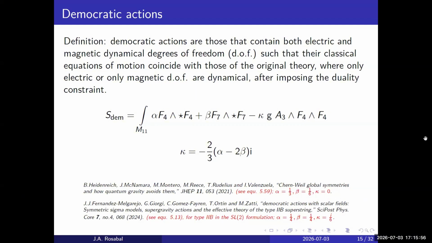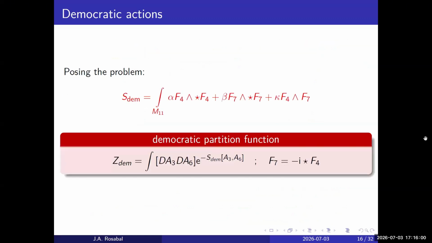But in general, I will work with this kind of action, and I want to compute the partition function of this action. Similarly to the previous examples, with this constraint I don't know what to do in the quantum version. In advance, I can tell you that something similar to the chiral theory happens here.